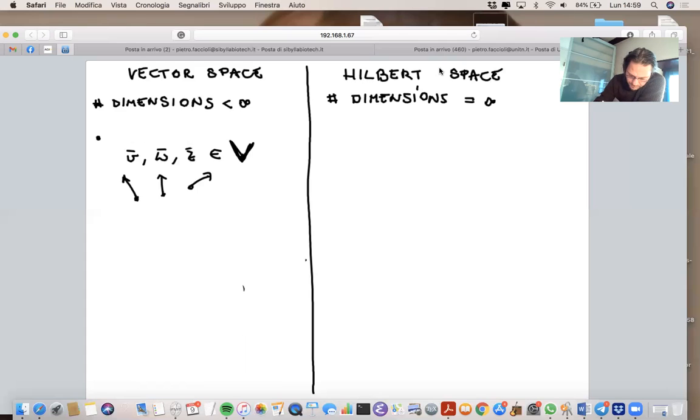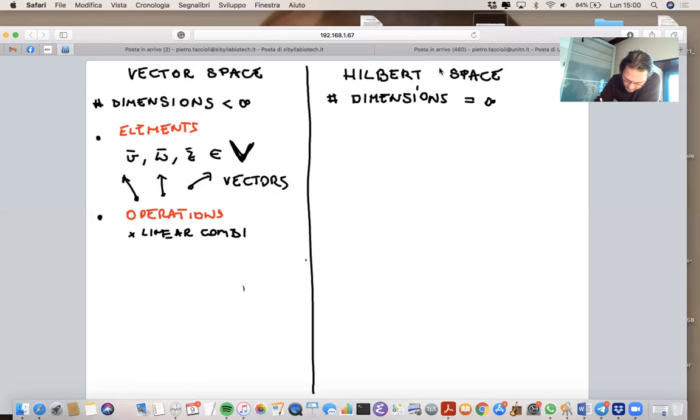So the elements of the vector space are the vectors, and the operations between vectors and scalars are linear combinations: W equals AV plus BW, still belonging to the same vector space when A and B are real.